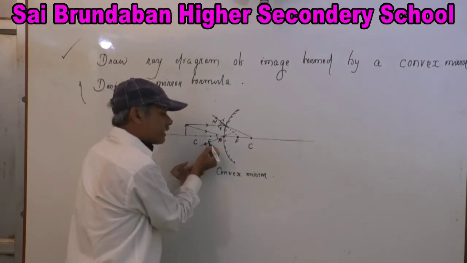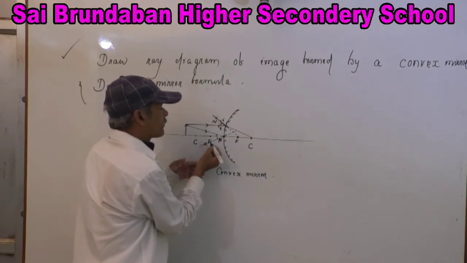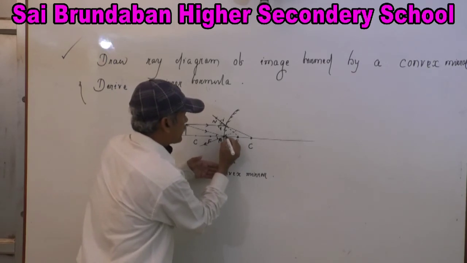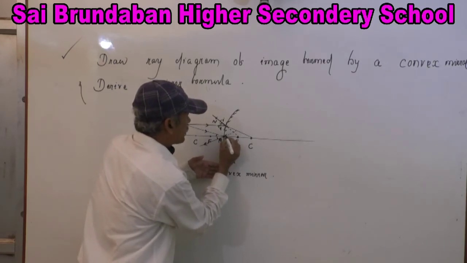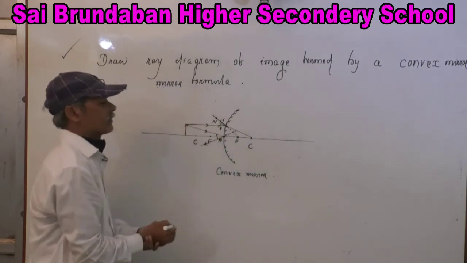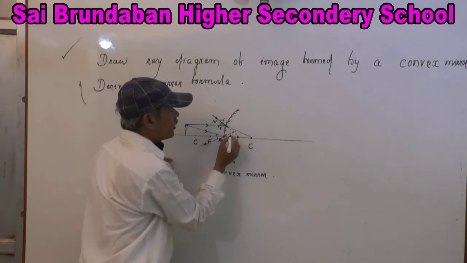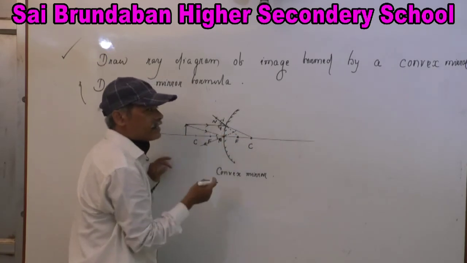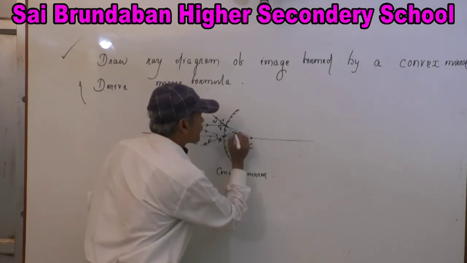Now this is another reflected ray. It is also extended in this direction. Both the extended rays intersect each other.